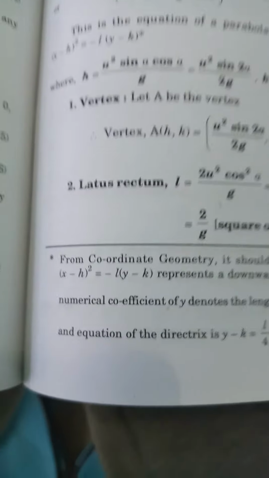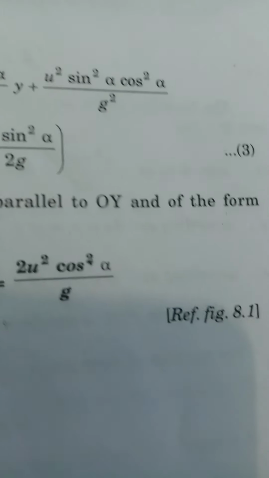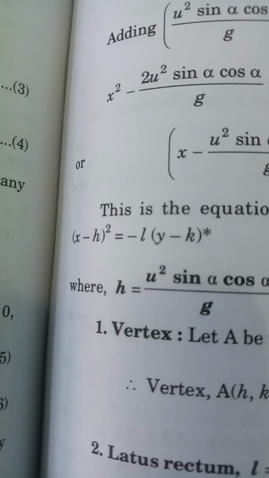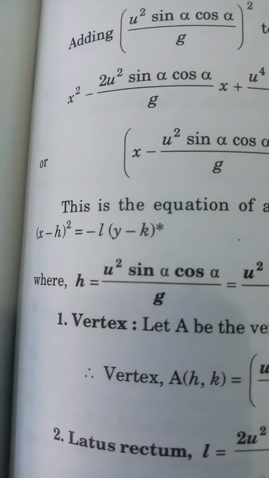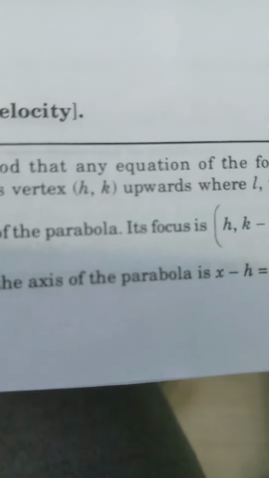So we have used this expression, star, the equation of a parabola with its axis parallel to y and of the form x minus h whole square equal to minus l into y minus k. We have explained this from coordinate geometry, and we have taken this concept and this star.